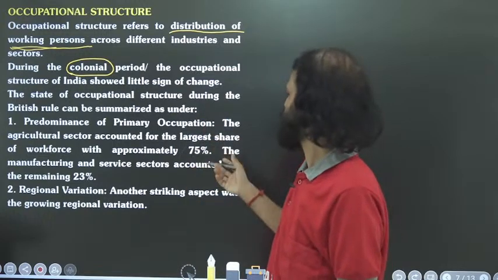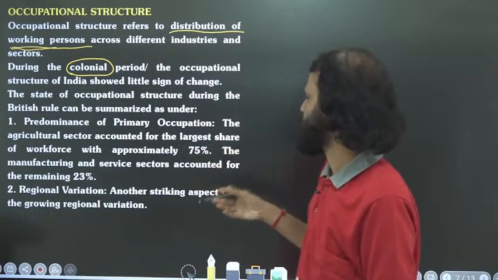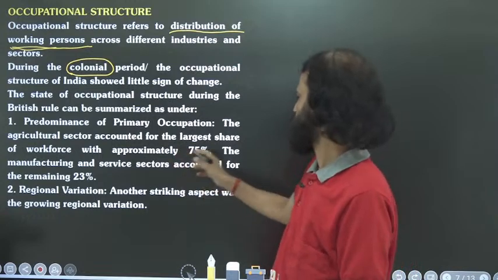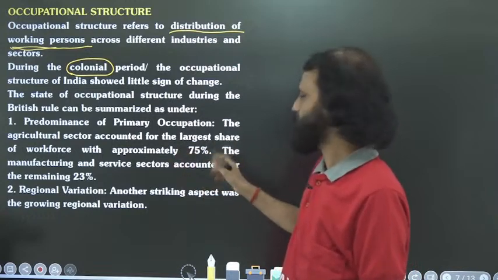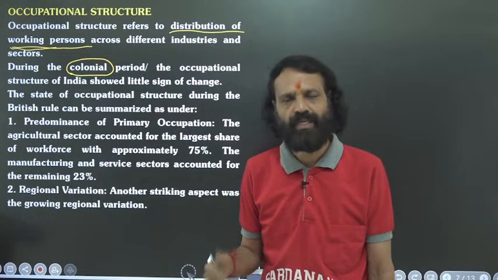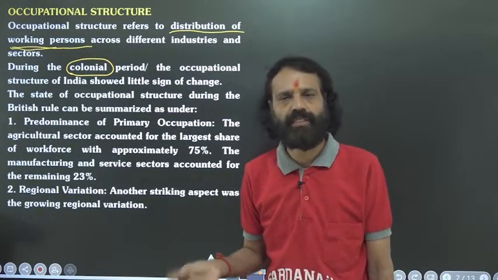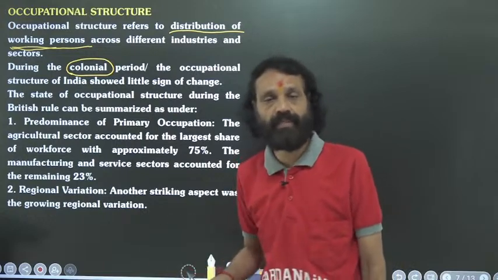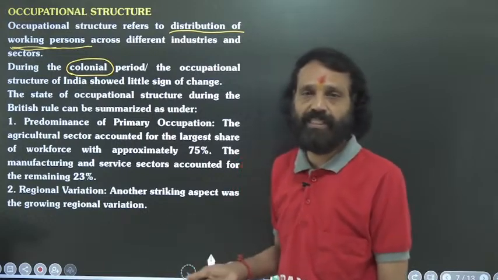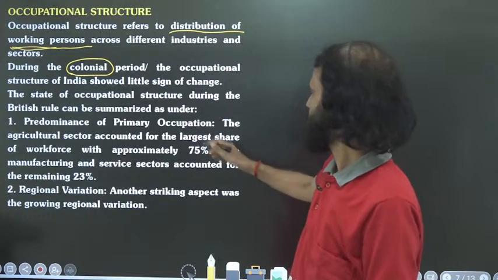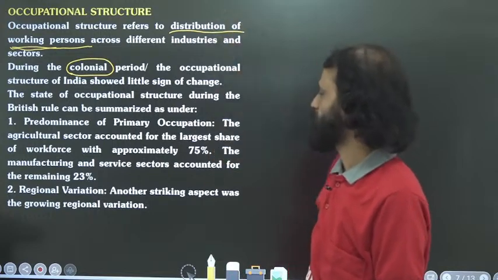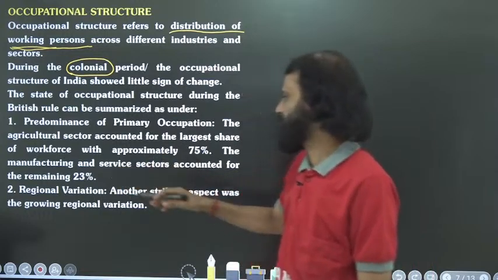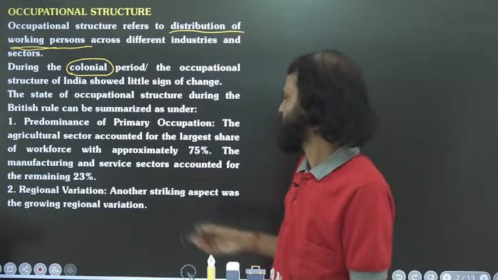Predominance of primary occupation. The agriculture sector accounted for the largest share of the workforce, approximately 75%. Seventy-five percent of India's population was engaged in agriculture. More people were working in the field, doing farming. The manufacturing and service sectors accounted for the remaining 23%.